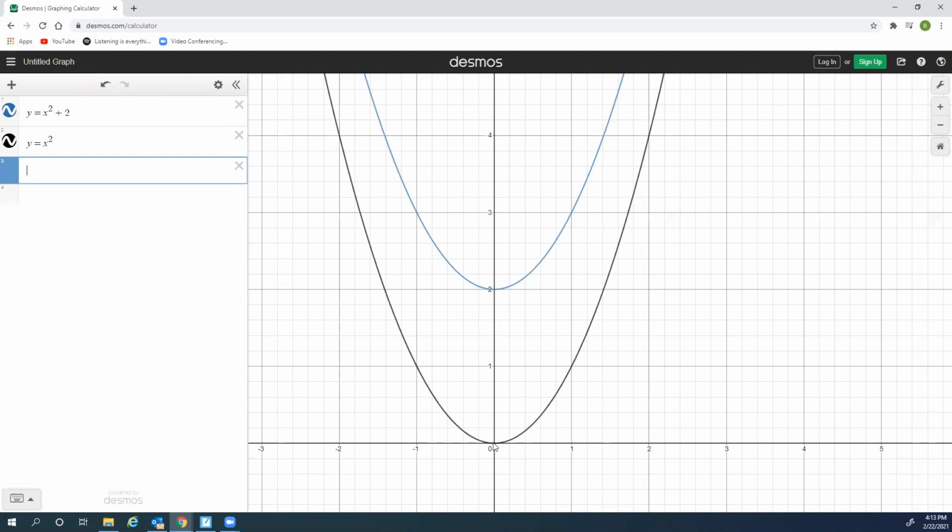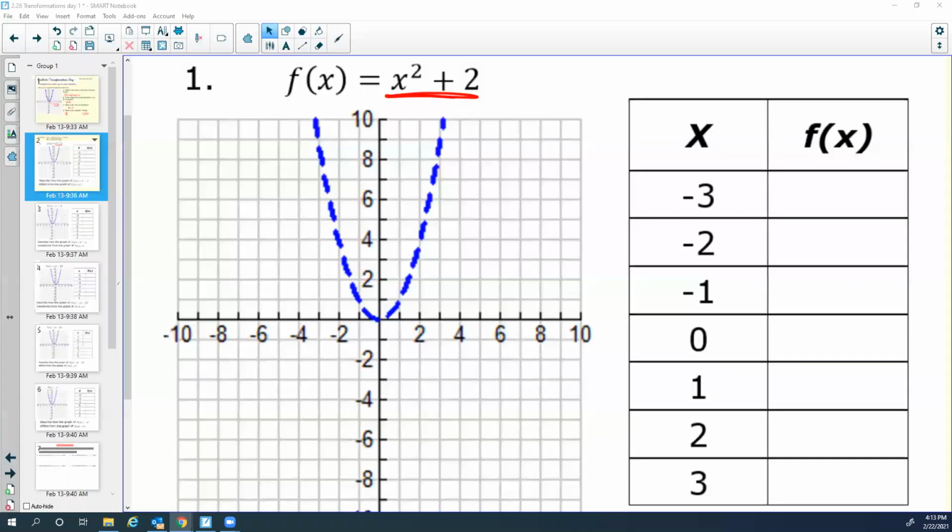Notice when I was at x squared, I was at the origin, but on my other graph, I went up and I had a y-intercept at 0, 2. So here's the thing with these transformations. This transformation says, when I have x squared plus 2, I'm going to move up 2. And that's going to happen with every coordinate that I have. It's going to go up 2.